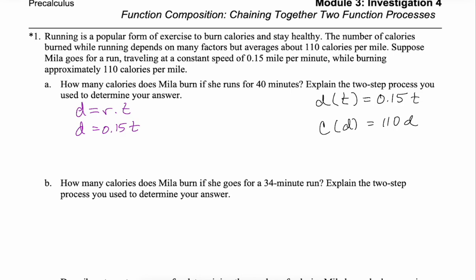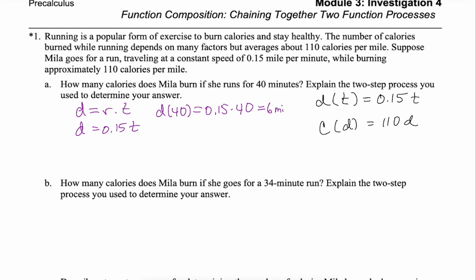And then I've written it over here so that you can see it in more of a function notation, okay? So if she runs for 40 minutes, if we do 0.15 times 40, we get that she has run 6 miles.